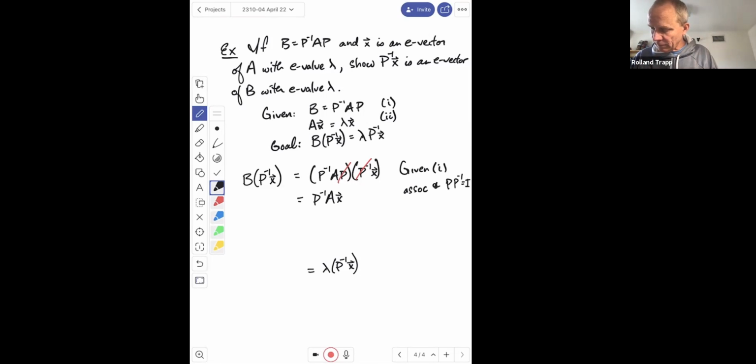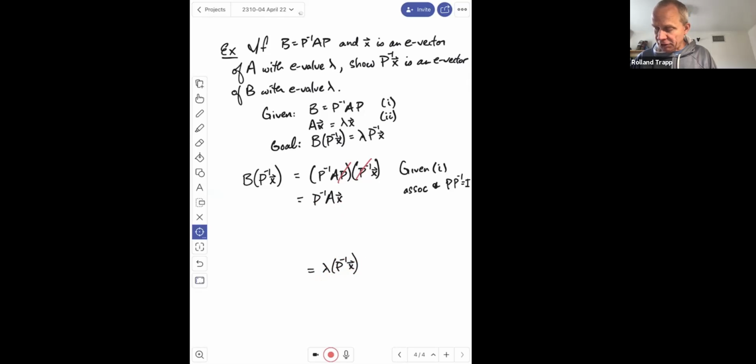Okay, but now we have P inverse AX, and I want to get to lambda times P inverse X. I've still got my P inverse, that's nice.